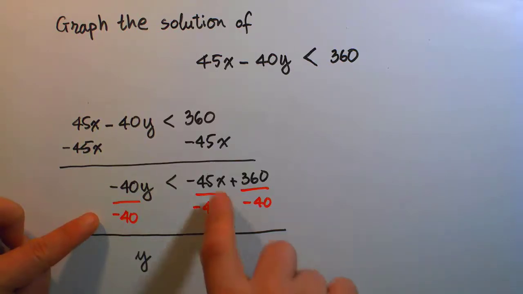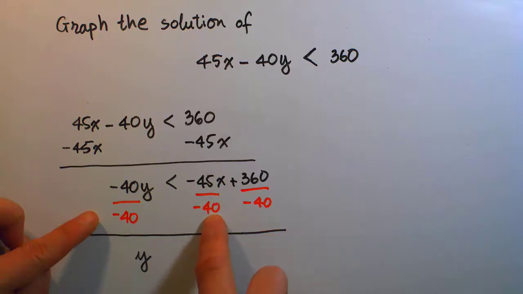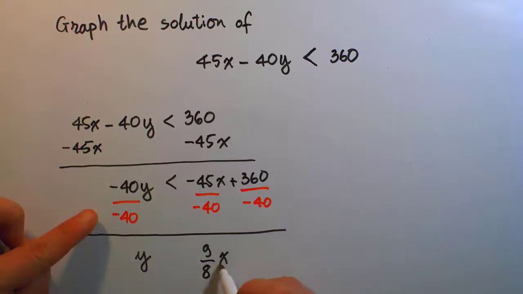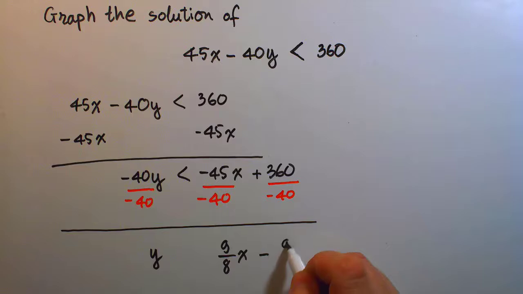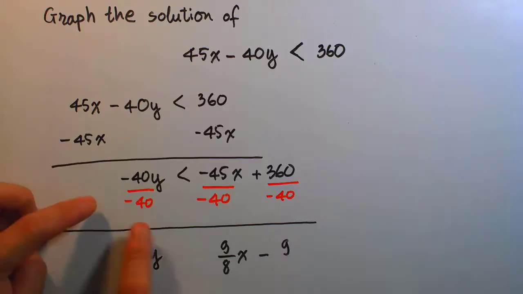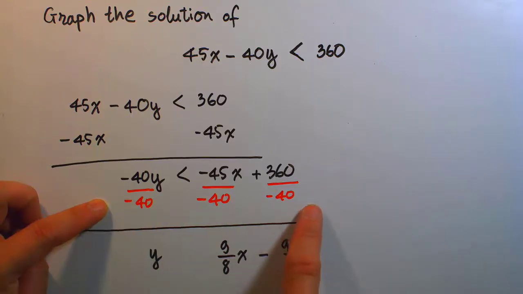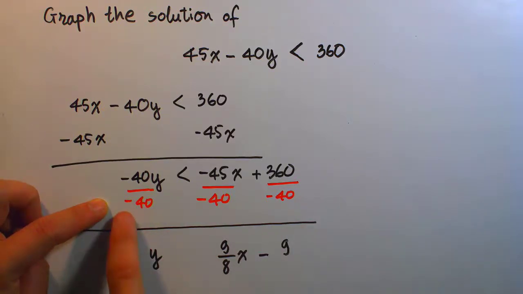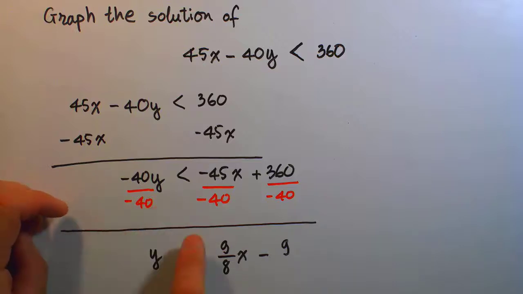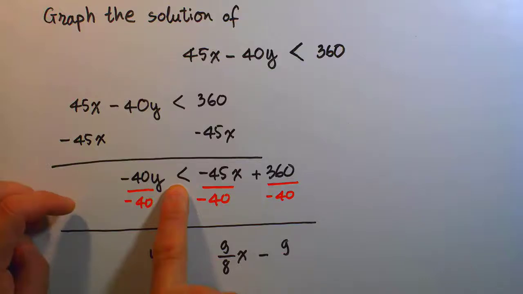On the right hand side, negative 45 reduces with negative 40, giving me a positive 9 over 8 x. Positive 360 reduces with negative 40, giving me a term negative 9. And as I said earlier, anytime we are dividing both sides of an inequality by a negative number, or multiplying both sides of an inequality by a negative number, then the inequality is going to change direction.